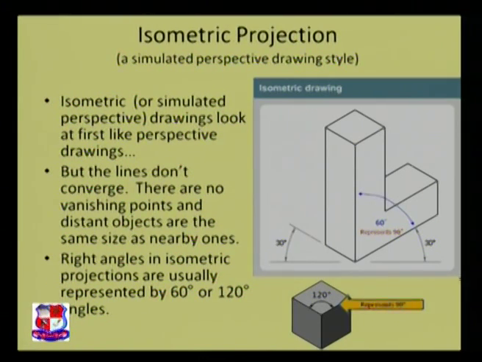Also on the uppermost side, the angle would be a maximum of 120 degrees, which means you need to set your protractor at 90 degrees because it's 30 degrees already. If you subtract 30 from 120, it comes to 90 degrees.